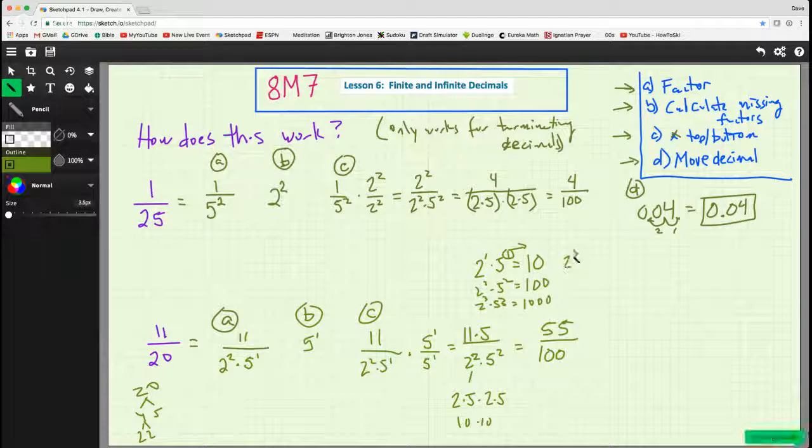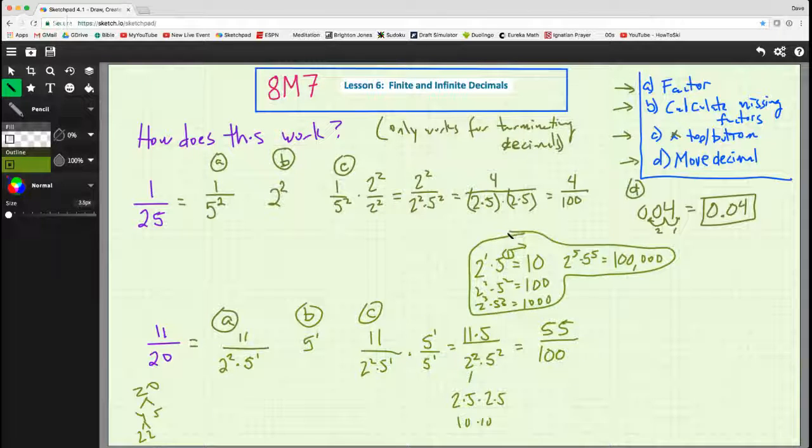So 2 to the fifth times 5 to the fifth is going to equal 1 with 5 zeros after it. So you'll see that pattern. I've been doing math a long time, so I recognize this pattern. It's okay for you if you write it out longhand.